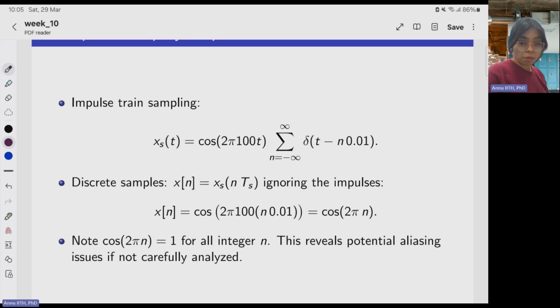So it will give cos 2 pi n. Oh, that's great, right? Because cos 2 pi n is equal to 1 for all integer n. And this reveals potential aliasing issues if not carefully analyzed. So we have 1 for all integer n. So that is a problem. Look at this carefully.